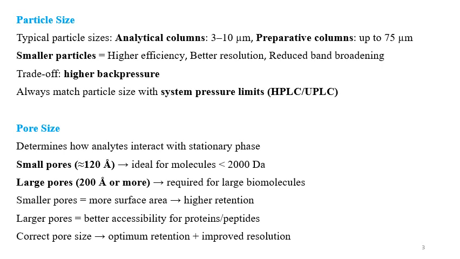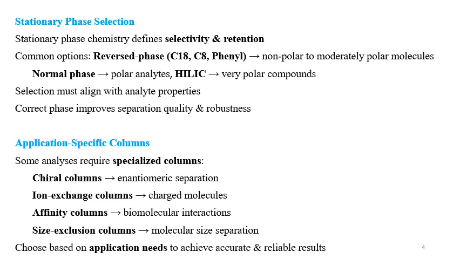So first is the column dimension, then the particle size of your stationary phase, and the third one is the pore size. Then how are you going to select the stationary phase? Its chemistry needs to be understood. Stationary phase chemistry defines selectivity and retention.